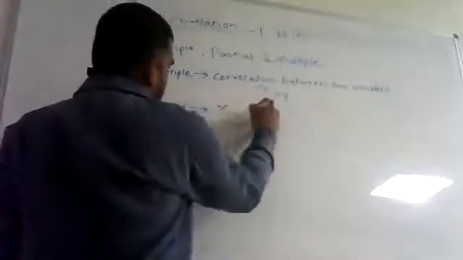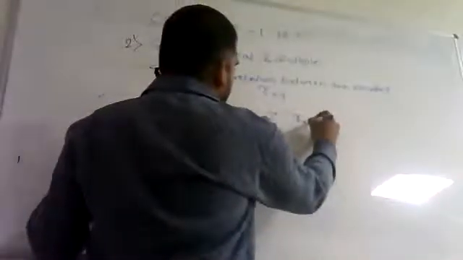Okay. Next is partial correlation. Suppose if there are more than two variables, suppose three variables are there, x, y, and z.